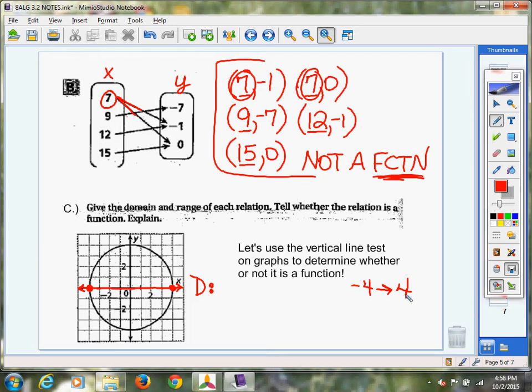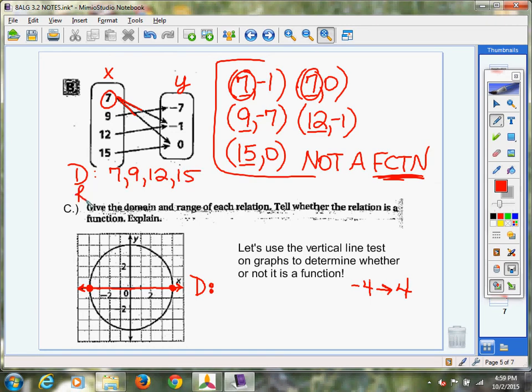Now, because we're including all the numbers in between, we are going to use inequality symbols. I didn't have to do that in some of these earlier examples. Like for letter B, if I was doing the domain, I wouldn't use inequality symbols. I would just list the numbers I see: 7, 9, 12, 15.